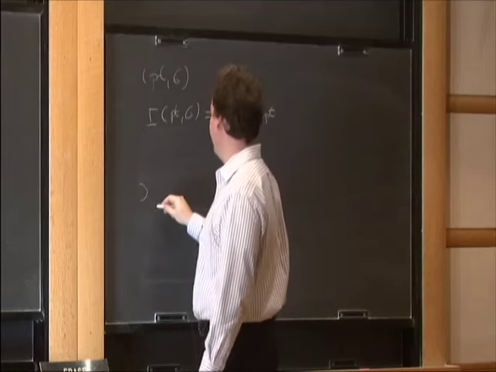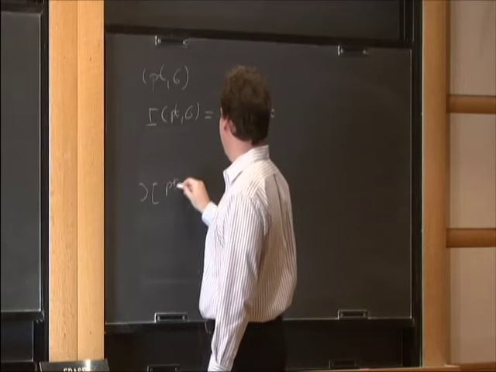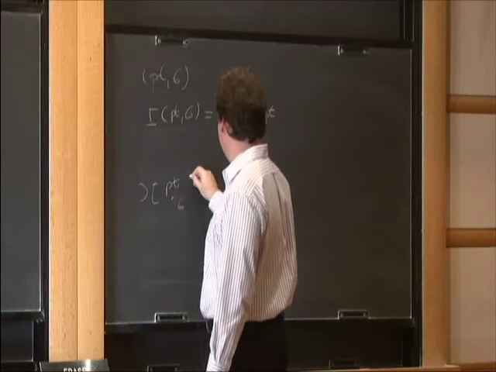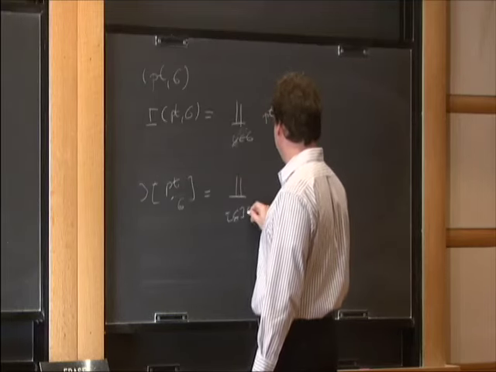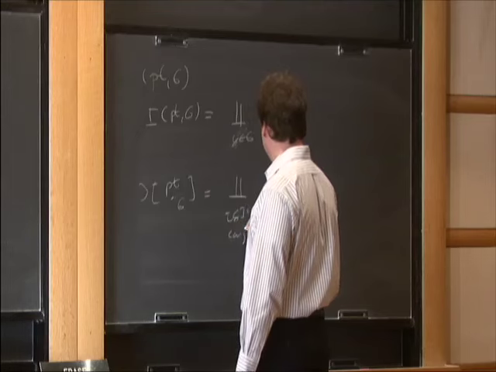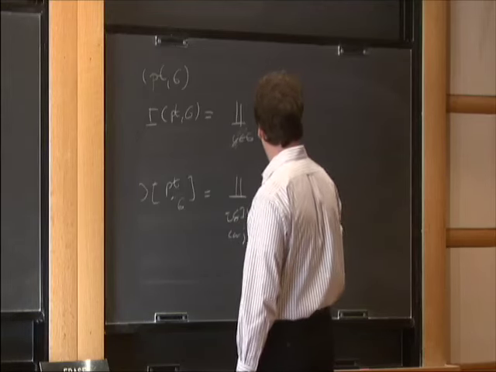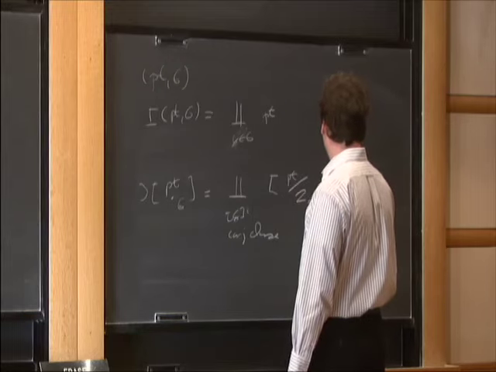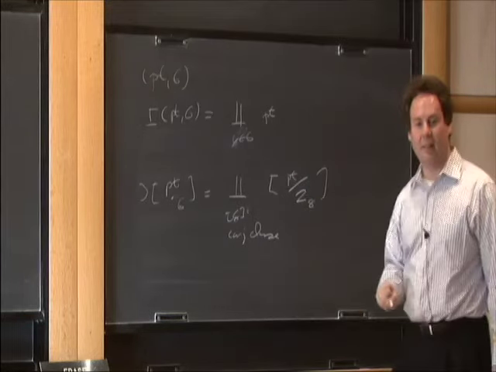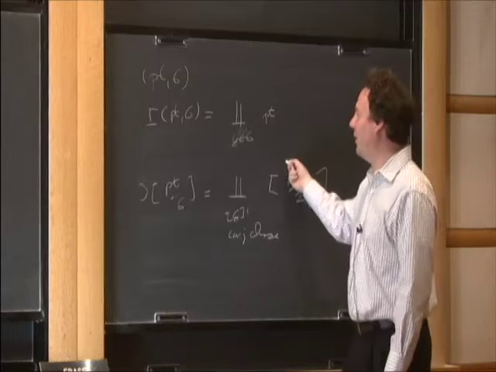But if you do this bigger thing, I(point mod G), what you would get is the direct sum over conjugacy classes in G of the point mod the centralizer of g. And this is again a stack. So you'd be talking about things like this.